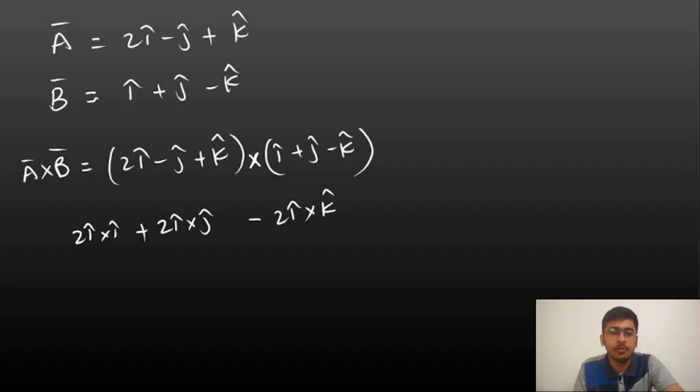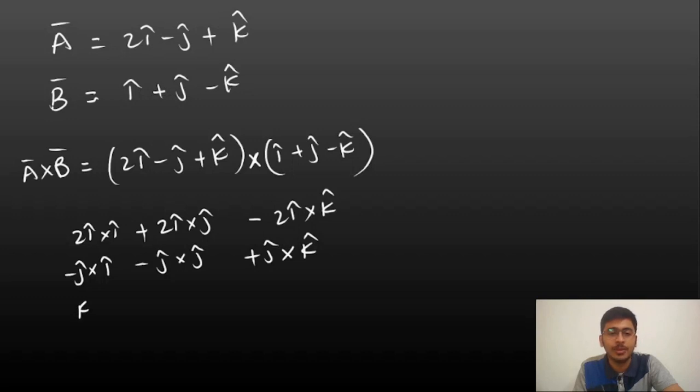Then with minus j cap, I'll have minus j cap cross i cap, minus j cap cross j cap, then minus j cap cross minus k cap. So minus minus becomes plus, j cap cross k cap. And then I'll multiply k cap with all of these three.